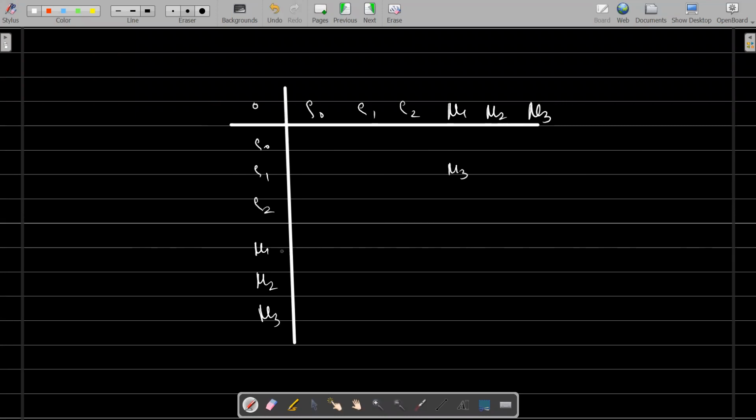And mu1 into rho1 is mu2. You can complete the table later at your leisure. In fact, every element occurs in each row and each column exactly once, and that forms a group. That is homework: complete the table and see that it forms a group.